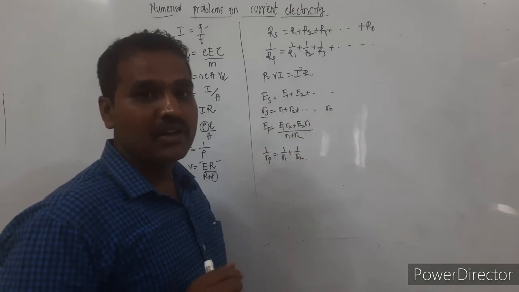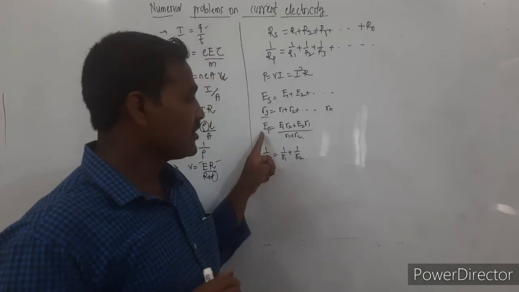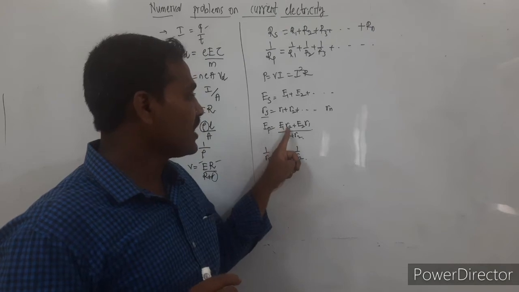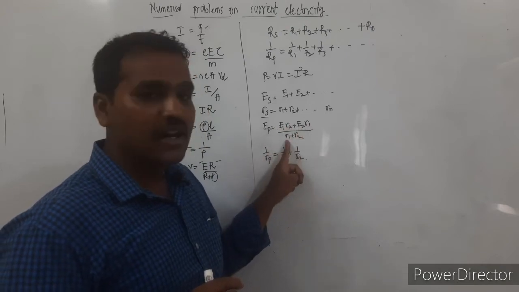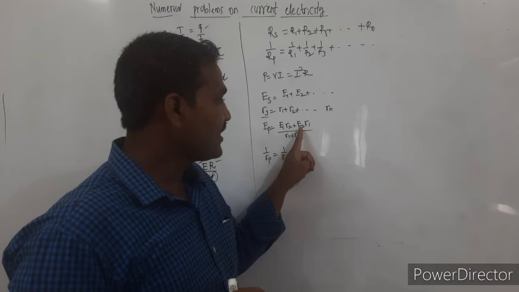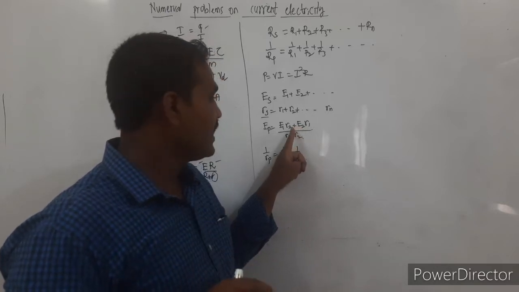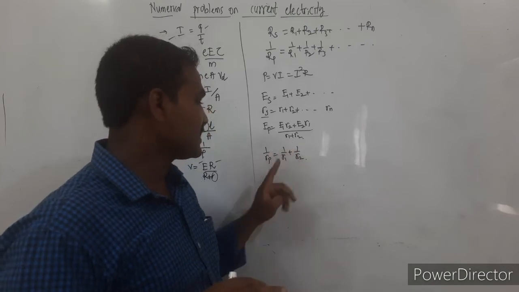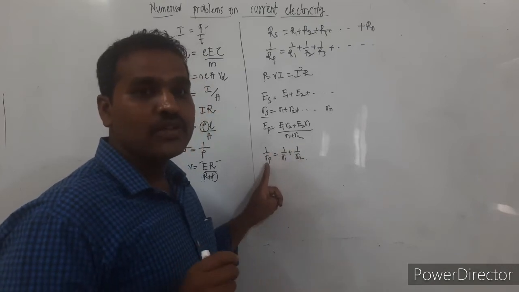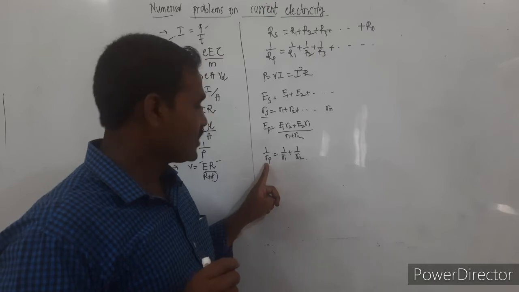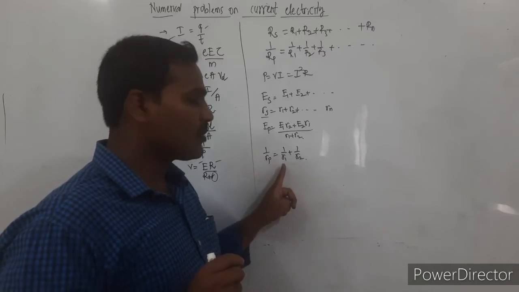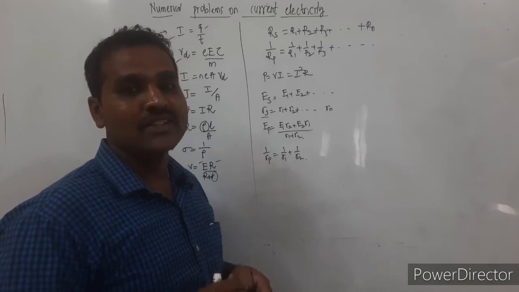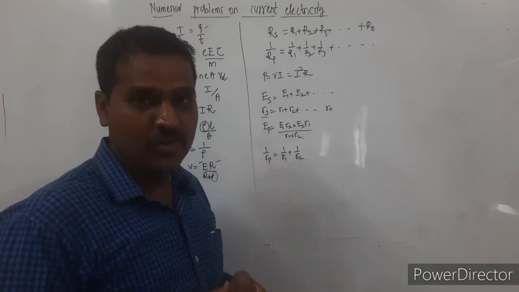Whenever we have a parallel combination of two cells, the effective EMF is (E1 R2 plus E2 R1) divided by (R1 plus R2), where E1 and E2 are the EMFs of the first and second cell, and R1 and R2 are the internal resistances of the first and second cells. The effective internal resistance for parallel combination of two cells is given by 1 by Rp is equal to 1 by R1 plus 1 by R2. If there are any other formulae, we shall see them when we solve the numericals.